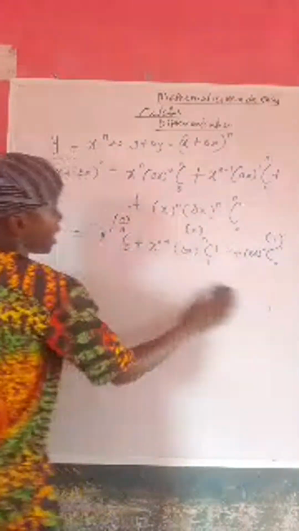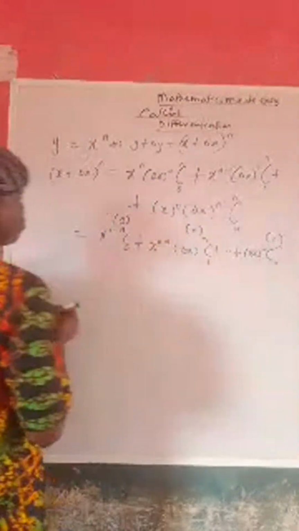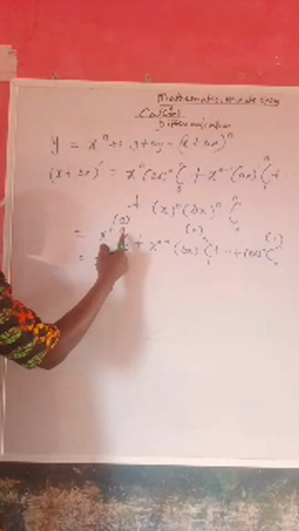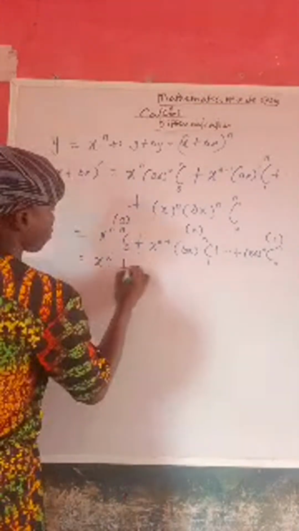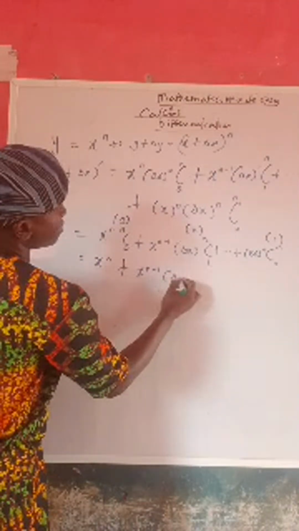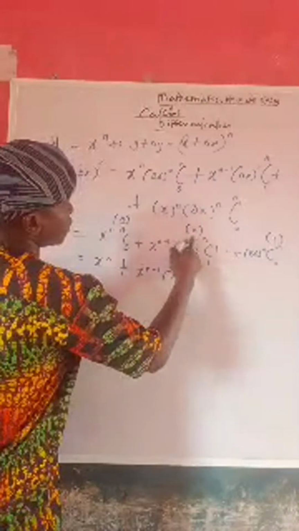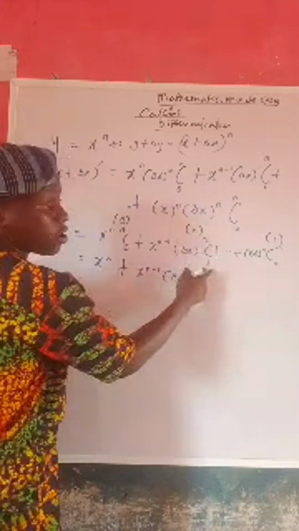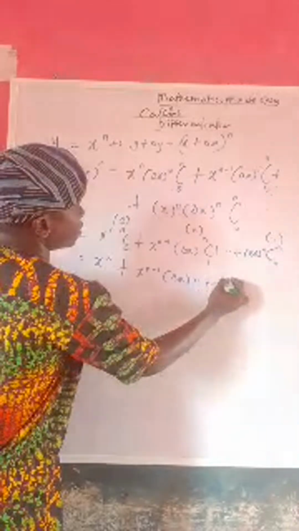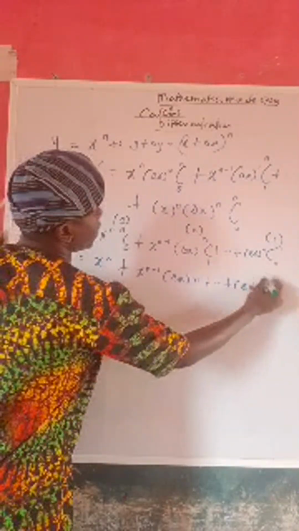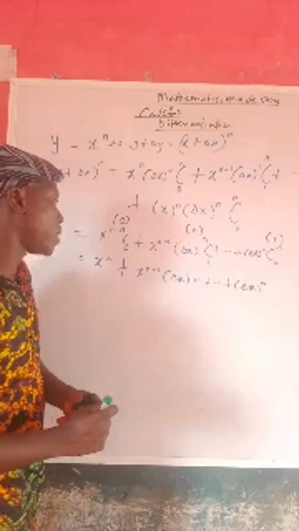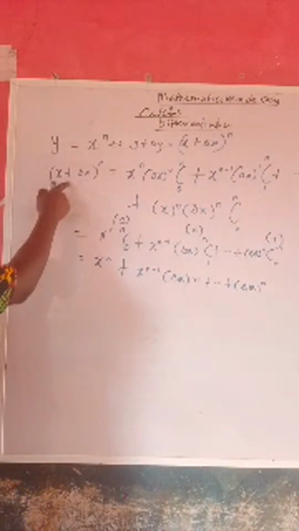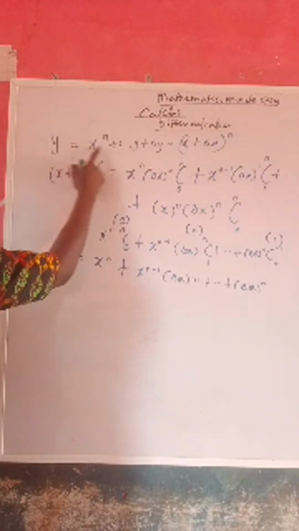So since we've gotten our coefficients, we have x raised to the power of n combination 0 is 1, plus x raised to the power of n minus 1, increase in x, then multiplied by what? N, n combination 1 is n, plus up to increase in x raised to the power of n combination n is what? 1. That's cool. So we now have this guy, where is it?